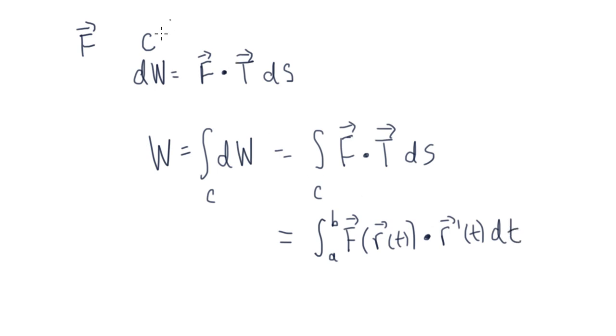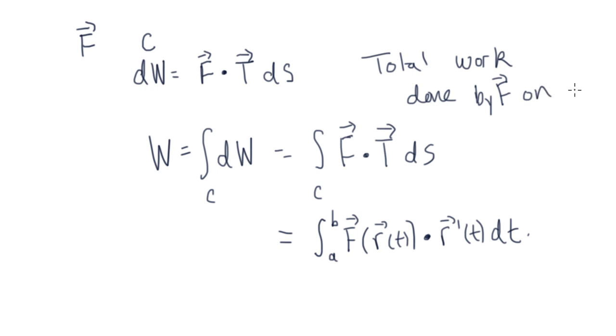So once we have a parameterization of the curve, this is actually just a scalar valued function that we're doing a standard Calc 1 one variable integral of, with respect to the parameter t, which we're typically thinking of as time. And again, this is the total work done by F on C, but really I mean on a particle moving along C.